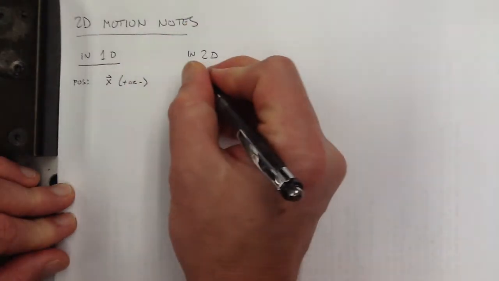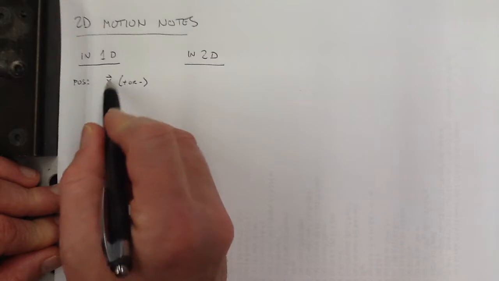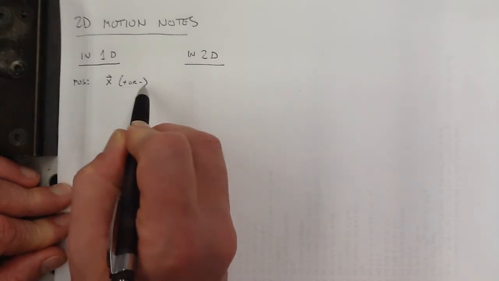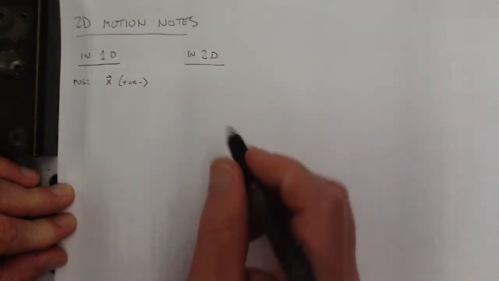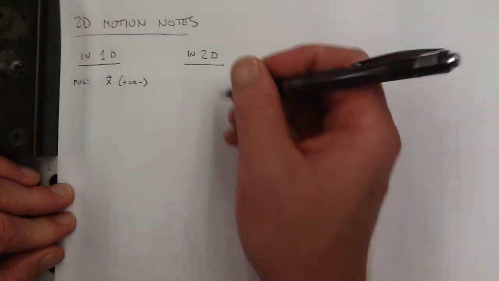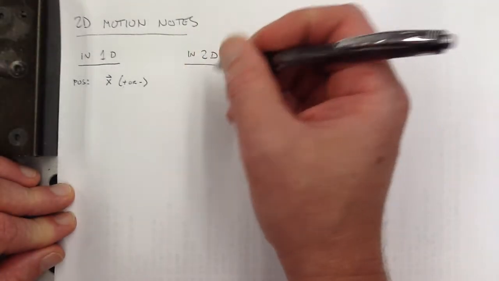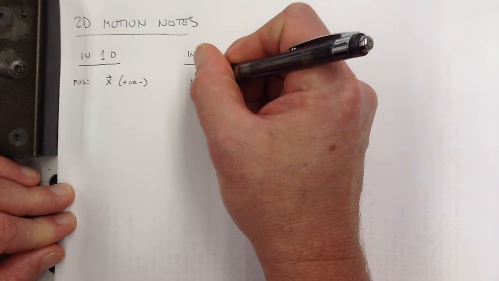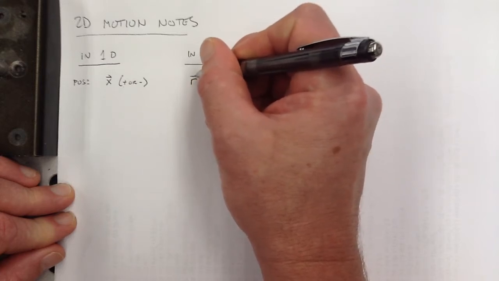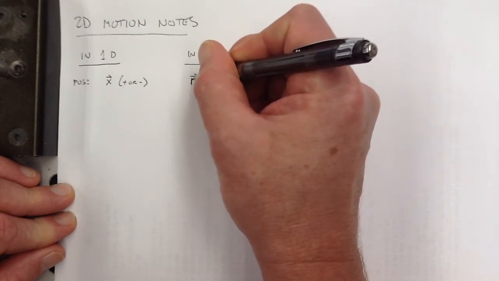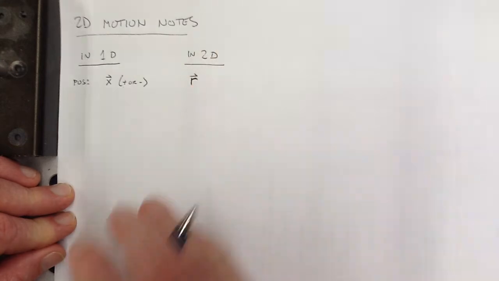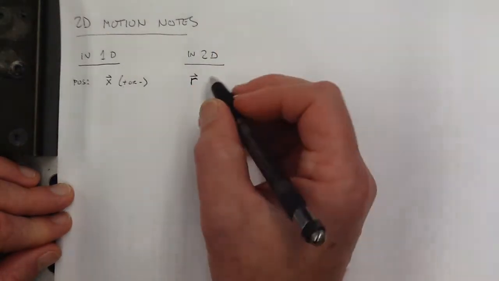Right? So it had magnitude, whatever the absolute value of this is, and then the direction was whether it was plus or minus. And then in 2 dimensions, my position is going to be, there's different letters that you see. In our book, I think it's probably most common for that to be given as R, position vector.